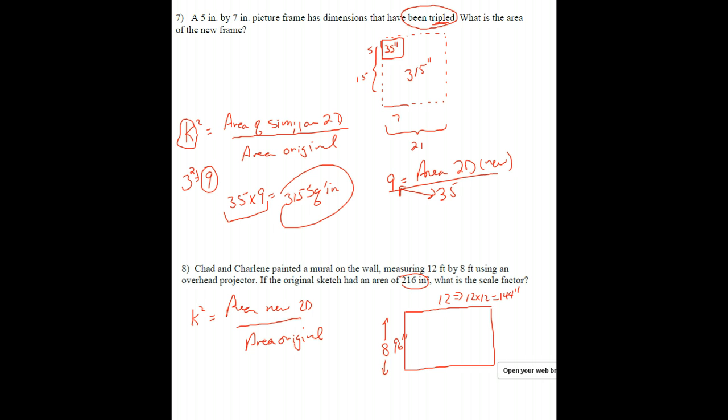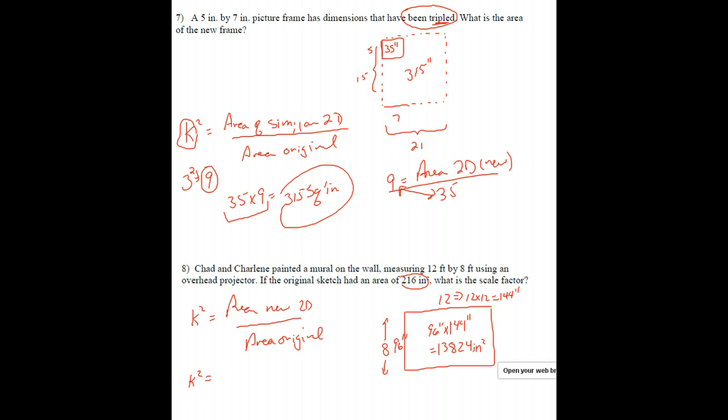So the area in terms of square inches, 96 inches times 144 inches. So in square inches, the area of the wall, the mural on the wall, is 13,824 square inches.